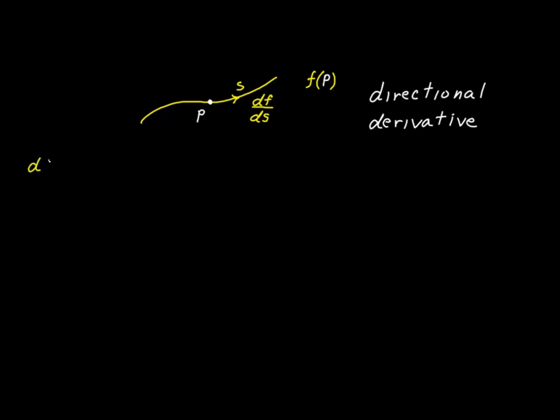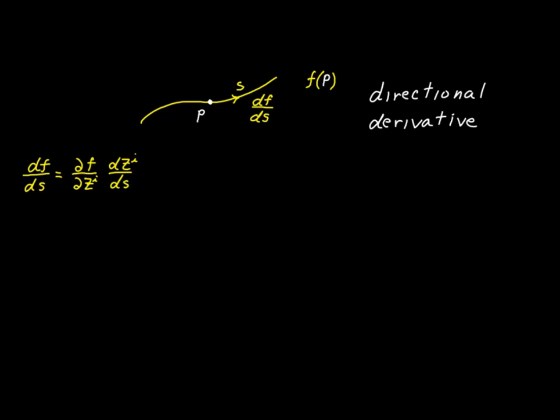The derivative of f with respect to s would be equal to the partial derivative of f with respect to zi times the ordinary derivative of zi with respect to s. Now we have to use the partial derivative here because z is not just a simple variable, it's a set of variables. But here s is just an individual variable, it's the arc length, so that's why this is the ordinary derivative.